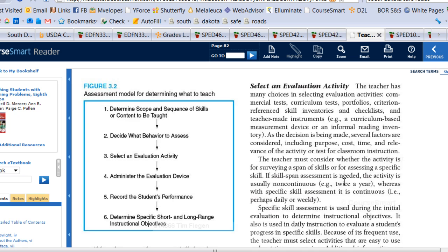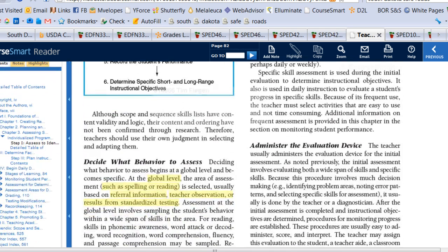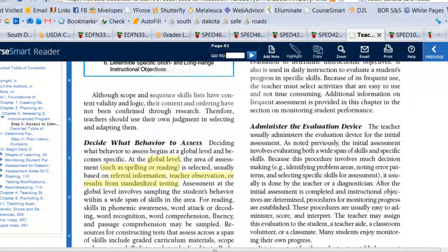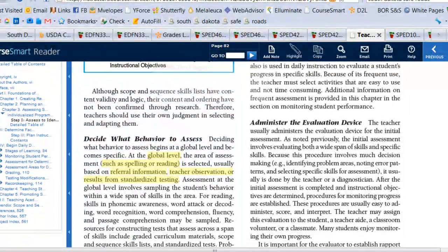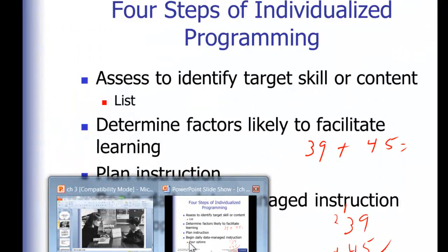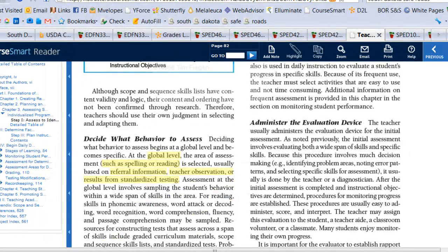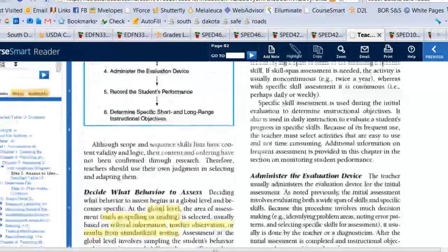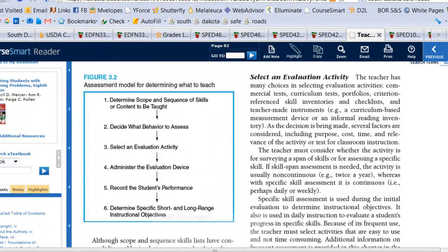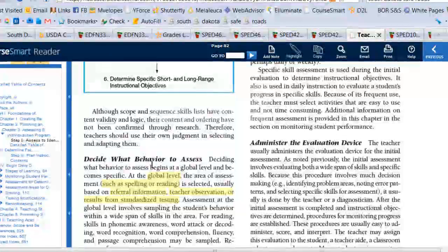So the task analysis, and then decide what behavior to assess. Let's see where I'm at on this. What does this involve?